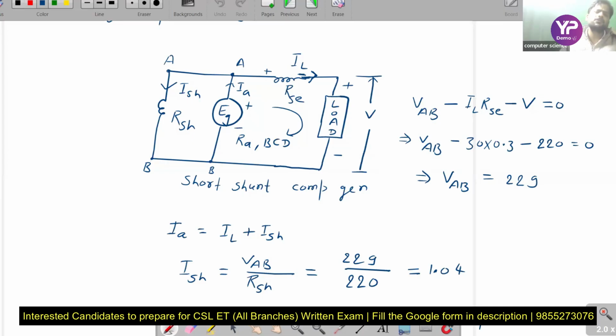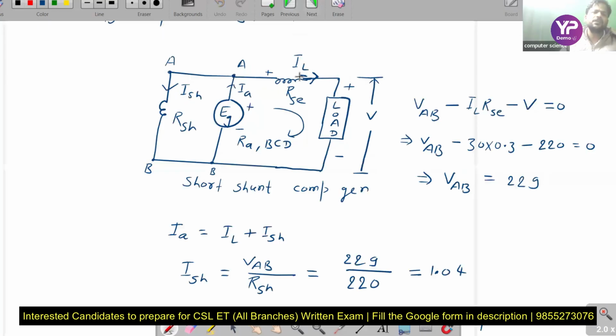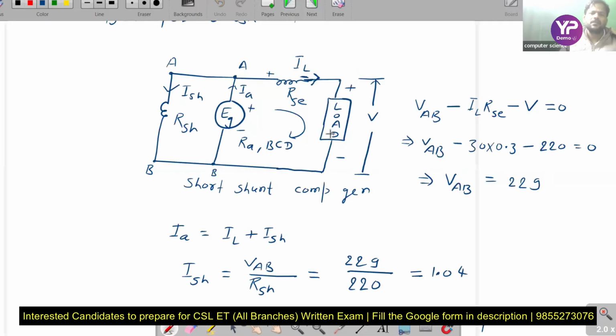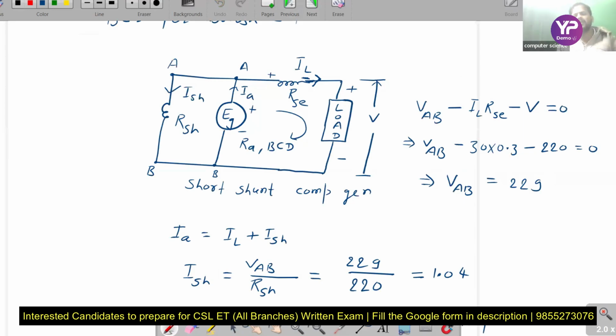So here the equation is EG minus IARA minus BCD minus ILRSE minus voltage across the load is equal to 0. We know according to KVL, algebraic sum of branch voltages in a closed loop is equal to 0. So EG minus IARA minus BCD minus ILRAC minus V equal to 0.